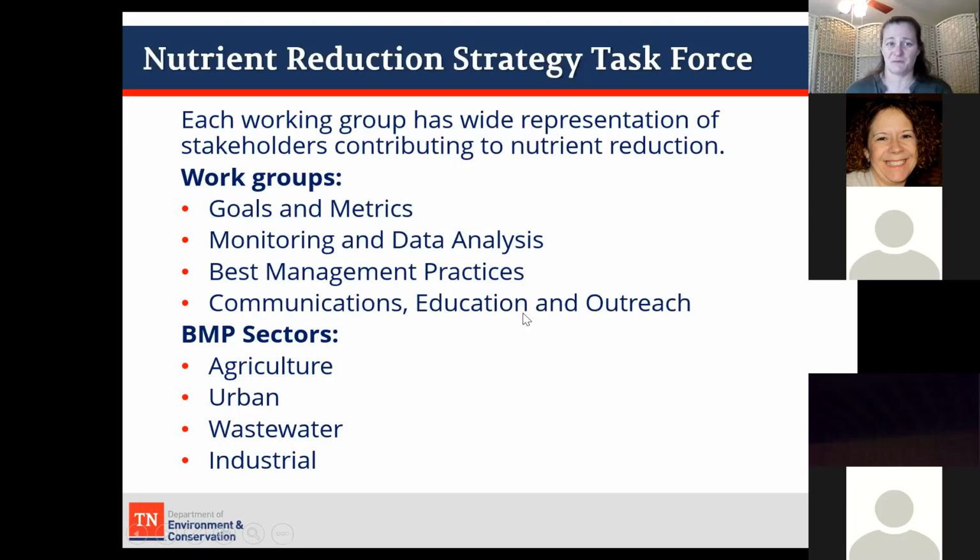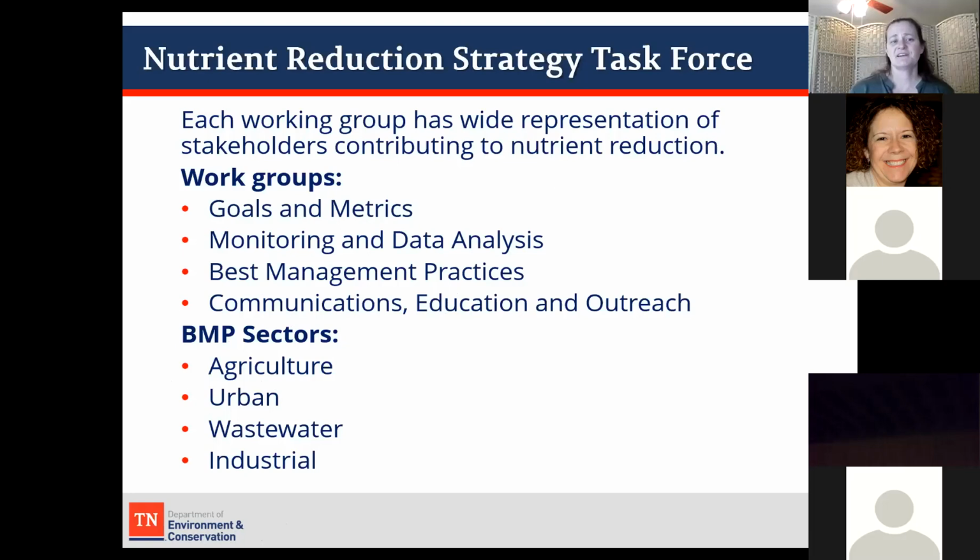So these are our 4 main work groups. And in the best management practice work group, as a part of our reboot, we're asking that we develop 4 sector-specific sub-work groups, I guess you could call them, under the best management practice work group.